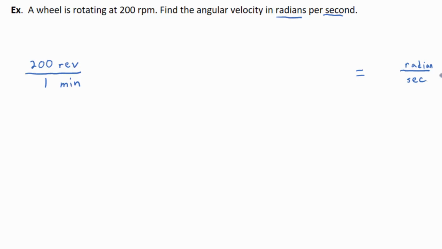Guys, you didn't have to know the above definition to realize what you're after. You want your answer in radians per second. That is the definition above of angular velocity: angle measure per unit of time. So we're finding angular velocity here, but to do this problem you don't really have to think in terms of the definition. You just have to think in terms of the units. It tells us we want the answer in radians per second. It tells us what we're after.